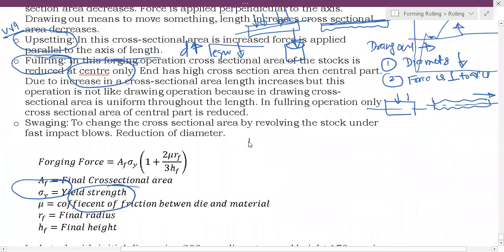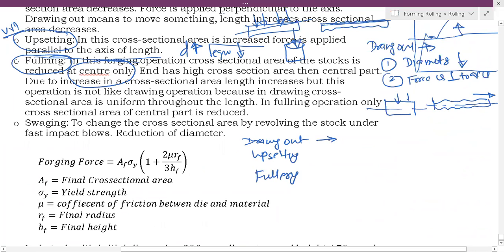So three things we are discussing: one is drawing out, then upsetting, then fullering. Drawing out means diameter will be reduced, length will increase, and force is perpendicular to the axis of the material.